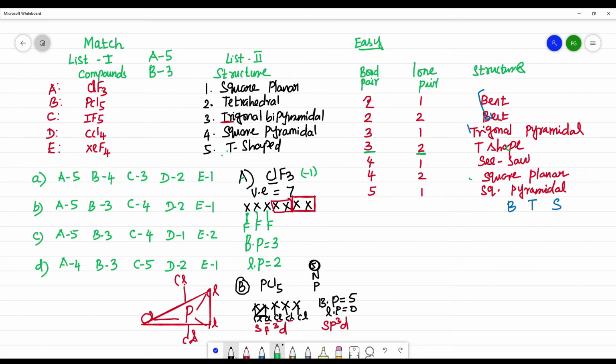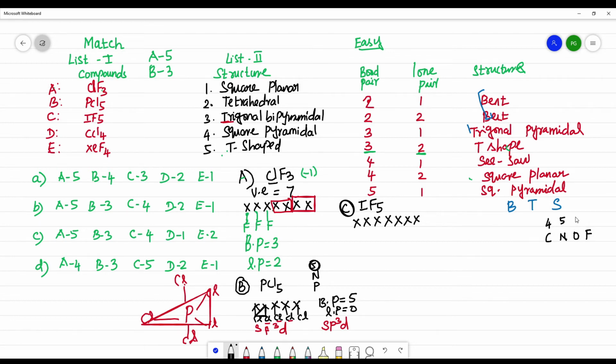Now going on to C. C here is IF5. So we know that for halogens, the valence electron is 7. 1, 2, 3, 4, 5, 6, 7. See, carbon, nitrogen, oxygen and fluorine: carbon valence electron is 4, not atomic number, valence electron.